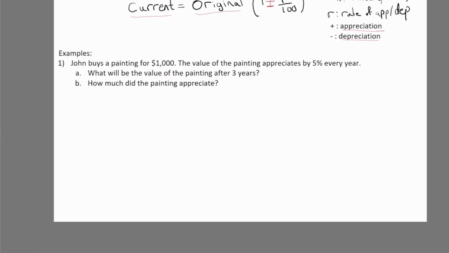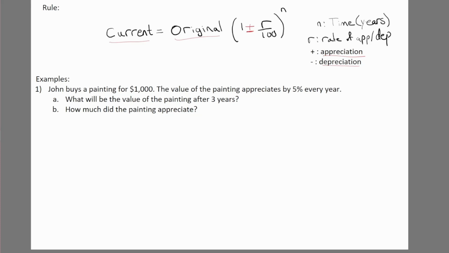Let's take a look at some examples. John buys a painting for $1,000. The value of the painting appreciates by 5% every year. What will be the value of the painting after 3 years?